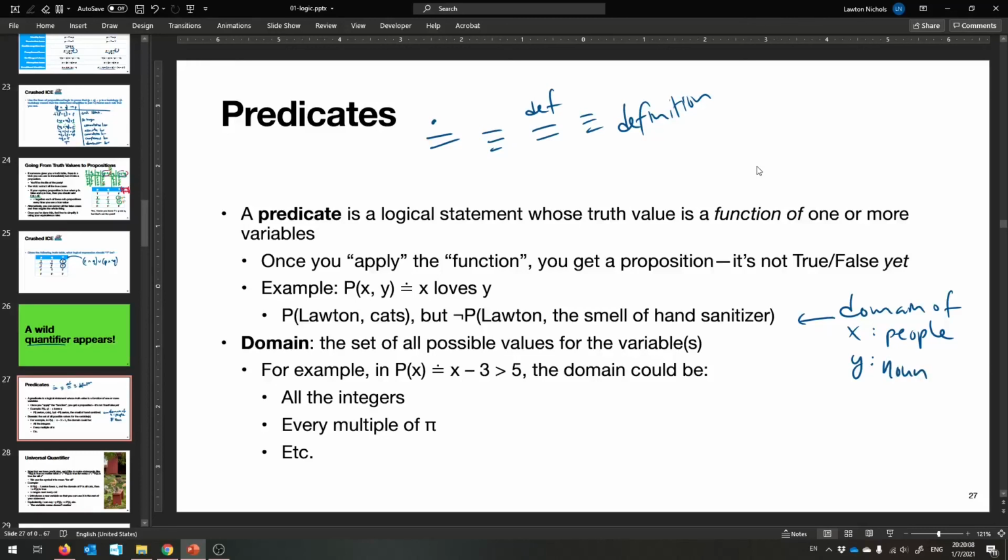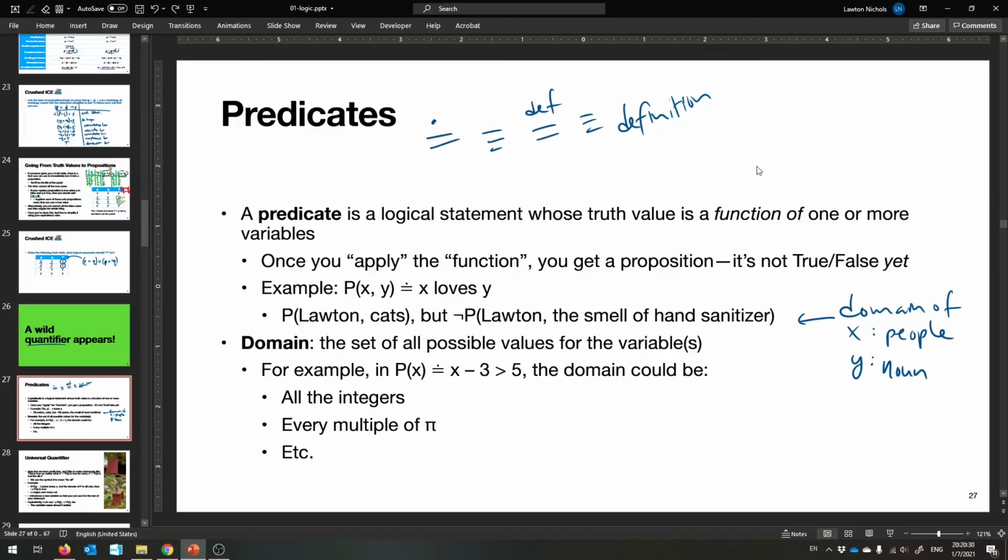Okay, so another example makes it a bit easier because we can use numbers. A domain is just the set of all the possible values for the variables. So in P of X, if I define it to be X minus 3 is greater than 5, that's a true or false statement. You fill in an X, and I can tell you whether or not this statement is true. X minus 3 is greater than 5.